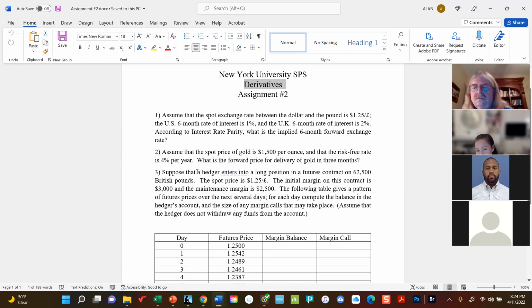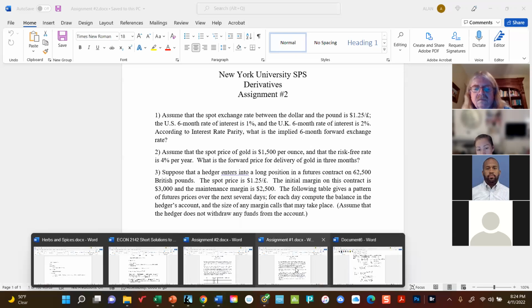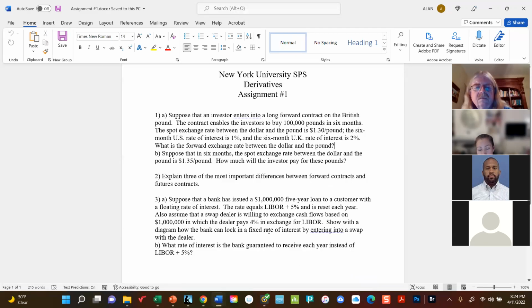That's assignment 2, in assignment 1. So for question B, we use that rate to calculate. You've locked in the rate that you're going to pay for the pound, so the spot price is irrelevant. Whatever you've calculated in part A is the answer to part B as well.